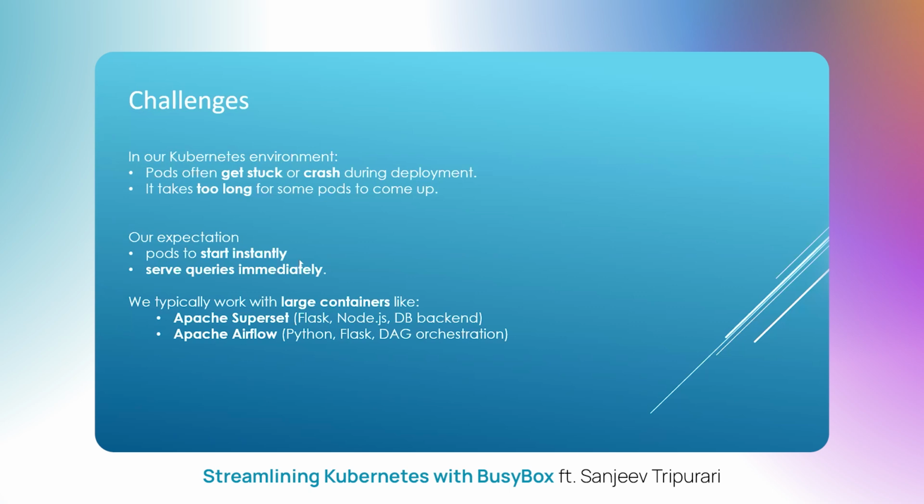The main thing, as I told you, is that we are into data engineering. Two of the products we were talking about are Apache Superset, which connects to various data sources to bring up dashboards and has Flask, Node.js and a DB backend, with Trino and StarRocks behind the scenes. The other tool we use is Airflow for orchestration, where you run the complete pipeline with a complete DAG.